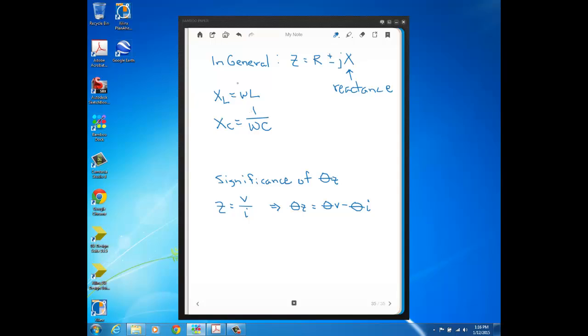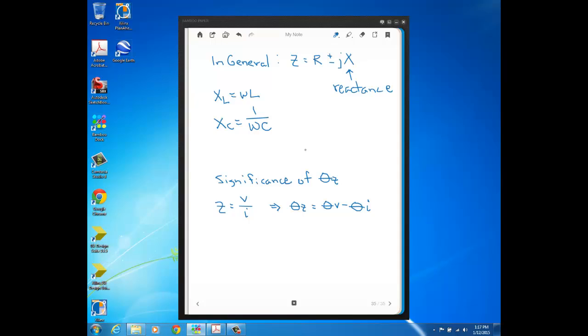Because remember, impedance of an inductor is J omega L, and impedance of a capacitor is minus J 1 over omega C. So for reactance, we're just taking the magnitudes. There's no such thing as reactance of a resistor, because the resistance gives you the real part, and reactance has to do with the imaginary part of the impedance.